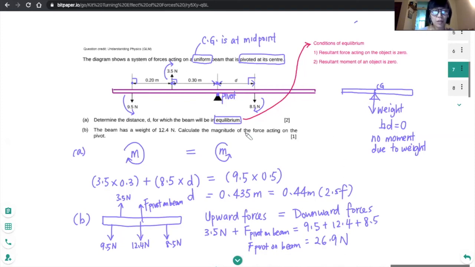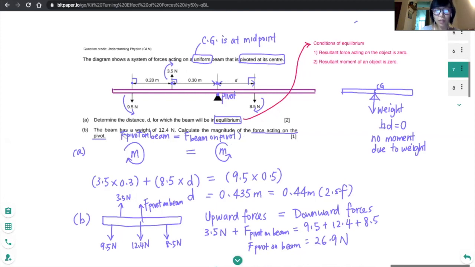Okay, so now, are we done yet? Let's come back to look at the question. It says calculate the force acting on the pivot, not acting on the beam. So how is this answer related to what the question actually wants? Now let's recall Newton's third law. Newton's third law says every action has an equal and opposite reaction, which means that the force exerted by the pivot on the beam is equal to the force exerted by the beam on the pivot.